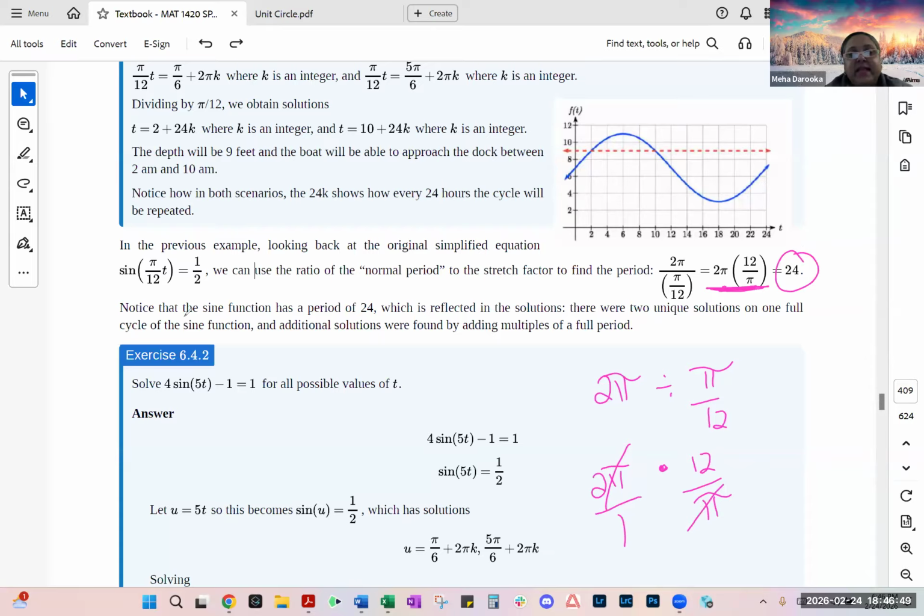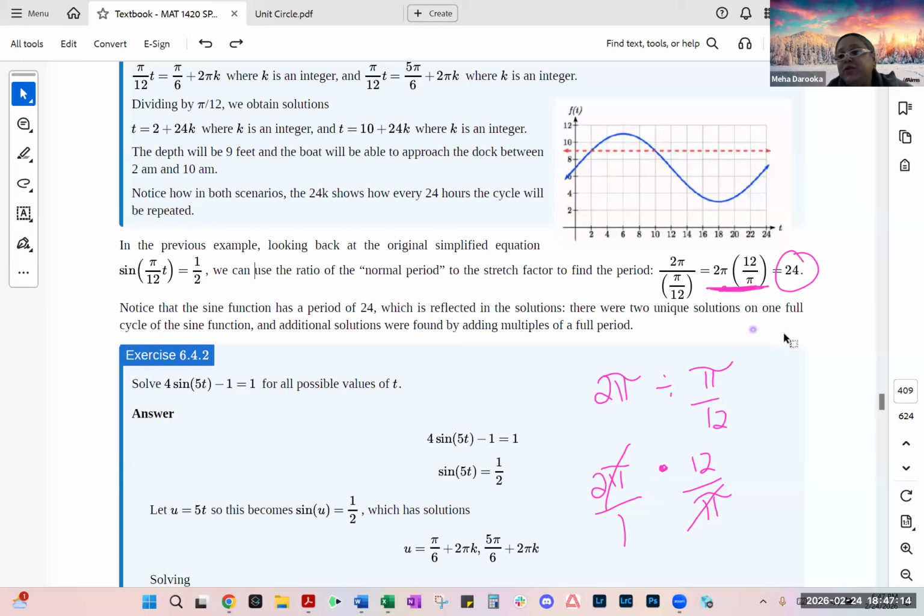So basically, they are saying in that previous example, you went from an original sine function having a period of 2 pi to this specific dock and boat example having a period of 24, which is also why you will notice we were adding 24k with both of these timestamps over here, because that period changed from 2 pi to 24.